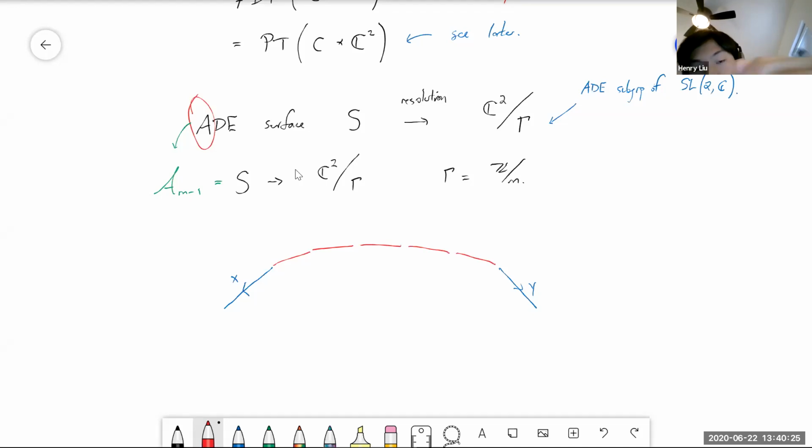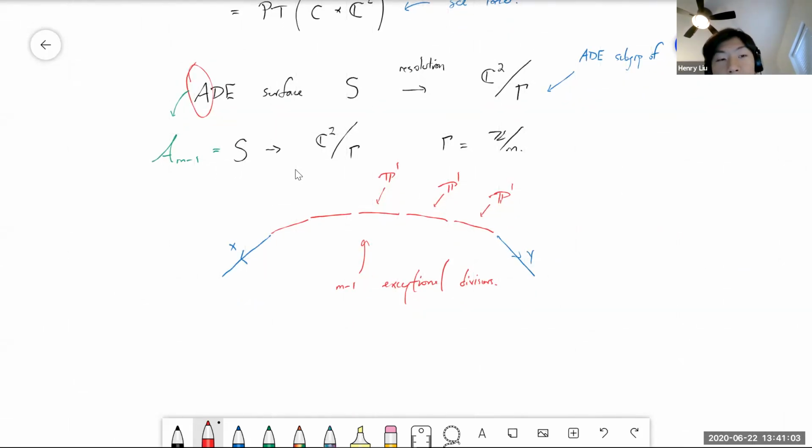How many exceptional divisors will there be? There will be n minus 1 exceptional divisors, and each of these will be a P1.